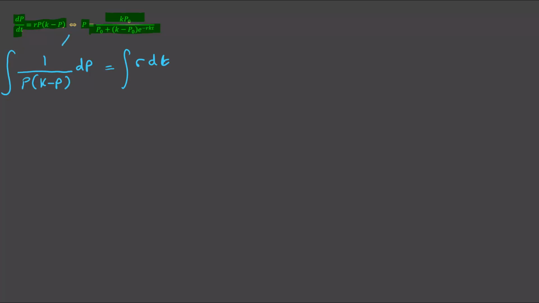Now what we have here are partial fractions with linear only in the bottom. So we've got 1 over p(k − p), and we can say that's going to be the same as a over p plus b over k − p. Clearing fractions, 1 is going to be the same as a(k − p) plus bp.